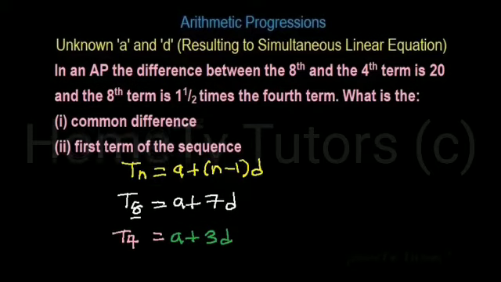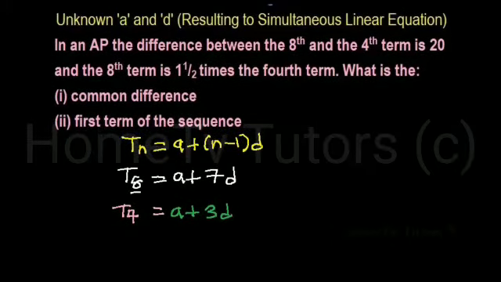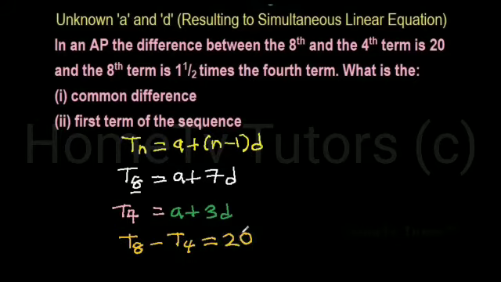Then we go back to the question. In the question we were told that the difference between the 8th term and the 4th term is equal to 20. Good.